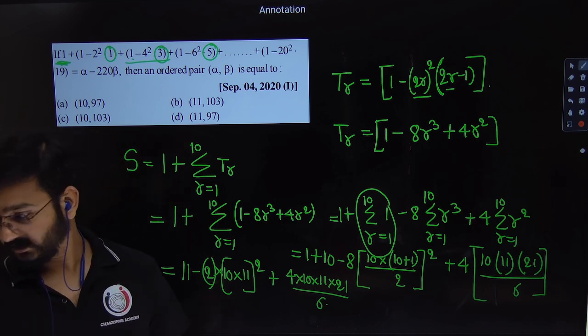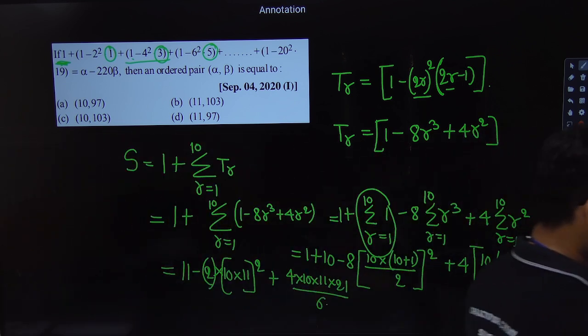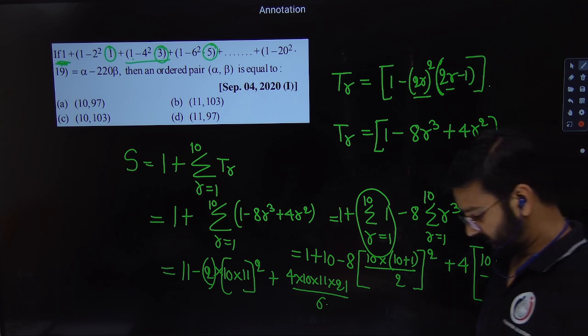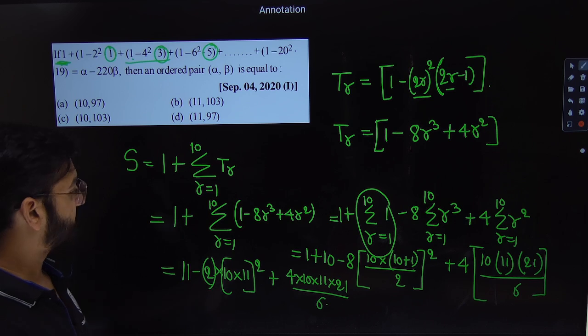Answer will be either B or D, right? You can see that. Still solving.